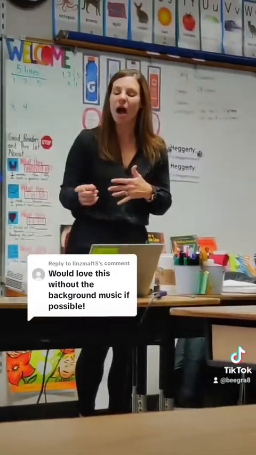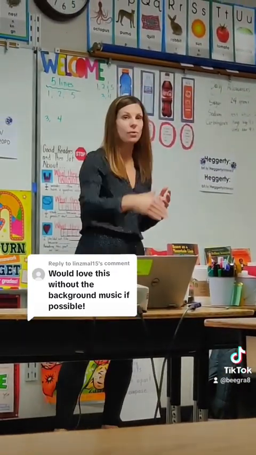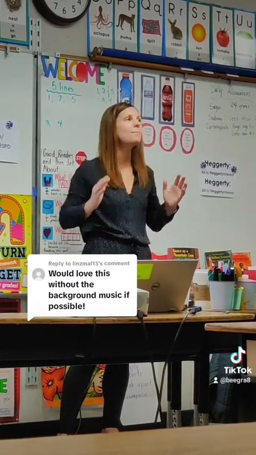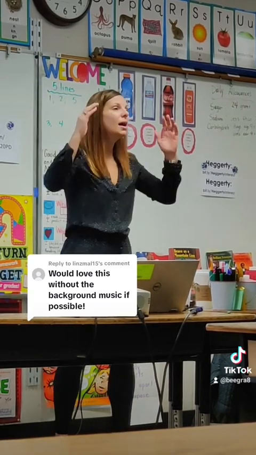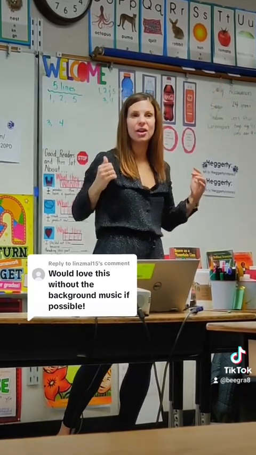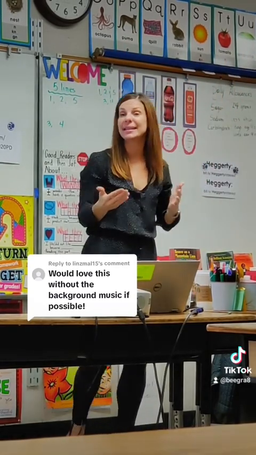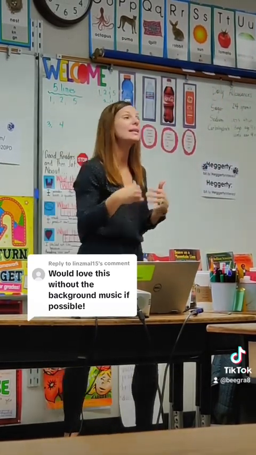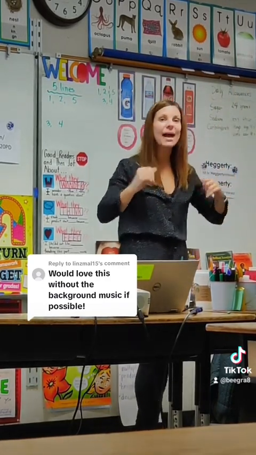Another way that we can find the medial sound isn't just with the roller coaster, but we can punch up for the medial sound. To be able to say my word is hot. Hot. What's my vowel sound? And they would say ah. Be able to isolate that sound in the middle. Or to be able to say my word is read. Read. What's my vowel sound?